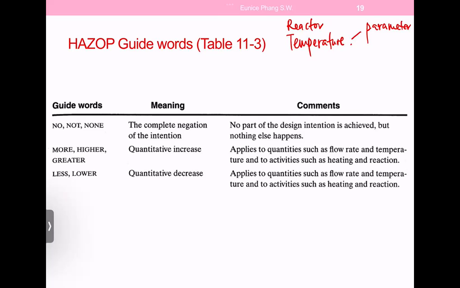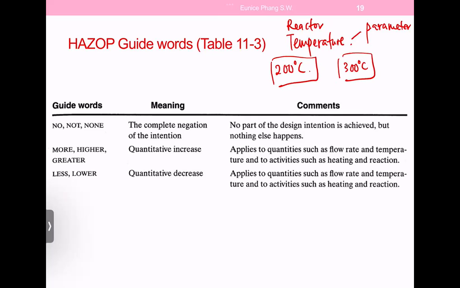So what happens if we say we have higher temperature? Remember just now we mentioned that you need to know your process condition. So if we are supposed to run at 200 degrees Celsius, for example, what happens if now you look at your temperature display and it tells you you're currently running at 300 degrees Celsius? What does that mean? What went wrong? That's where you know something is not right with the process.